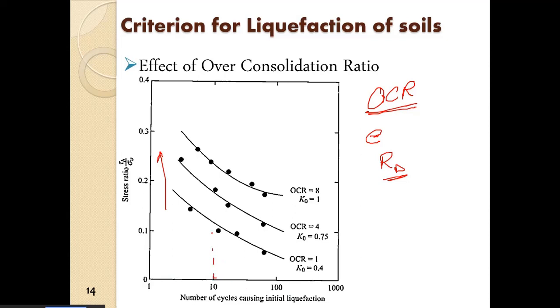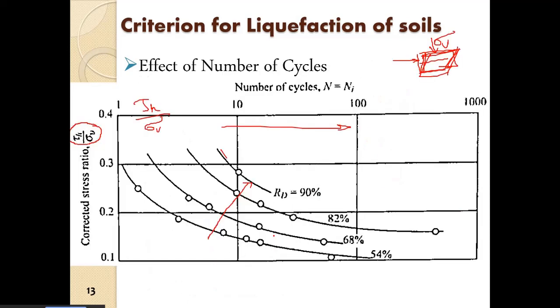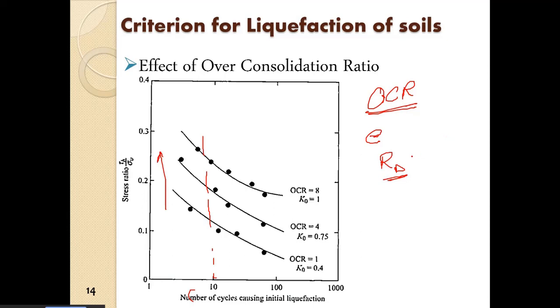For 10 cycles we need a higher stress ratio, right? Again, a similar trend is observed for the different over consolidation ratios. A similar trend in the cyclic stress ratio versus the number of cycles is observed, so almost similar behavior to this one as well, all right.